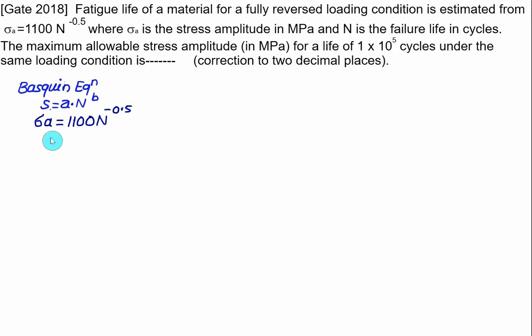So simply substitute N equal to 10 to the power 5. In this case, the amplitude stress will be equal to 1100 times the number of cycles 10 to the power 5, and the power is minus 0.5. So in one simple step, we can find out the amplitude stress, which is close to 195.6 megapascal.